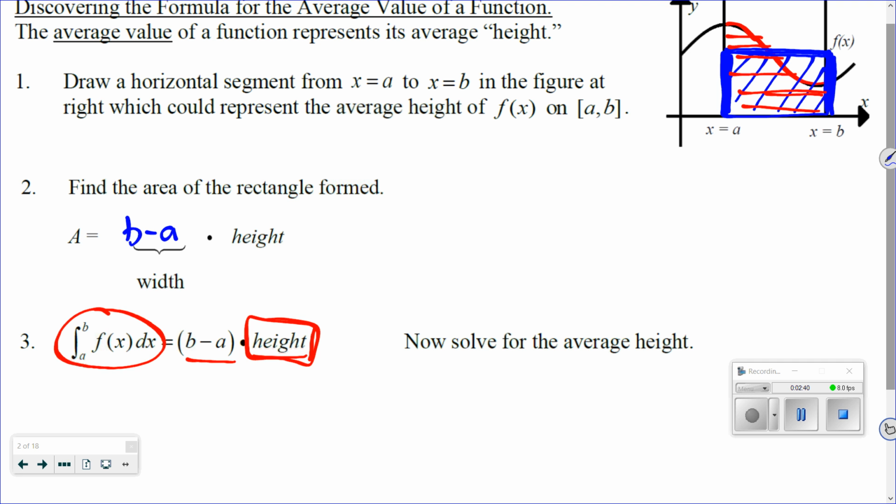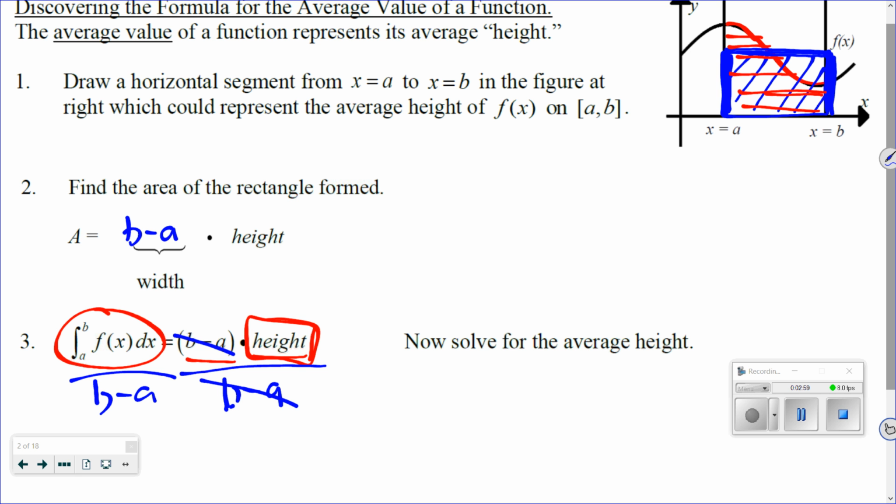To solve for that, if I just divide by b minus a on both sides, I end up with a formula for finding the average height, or the average value of a function, which is really just the height of that rectangle right there.